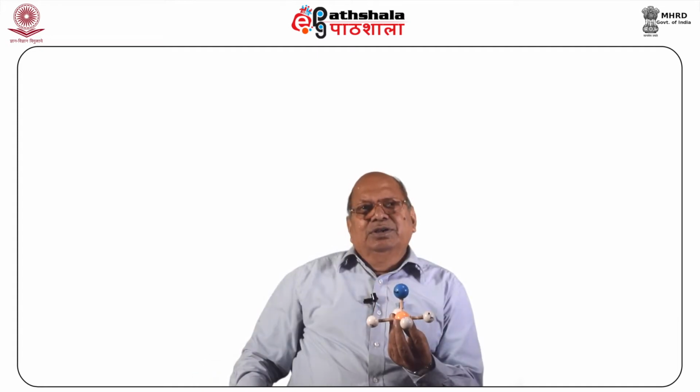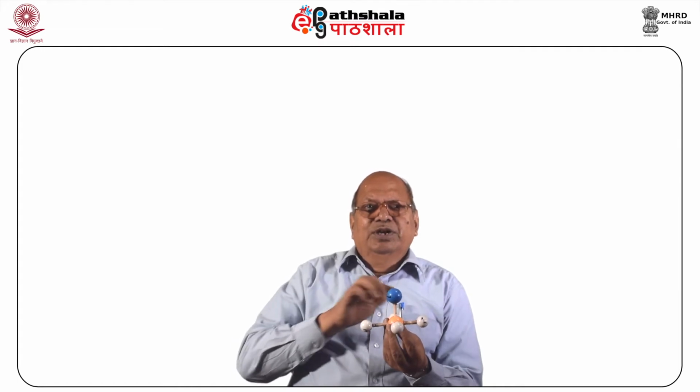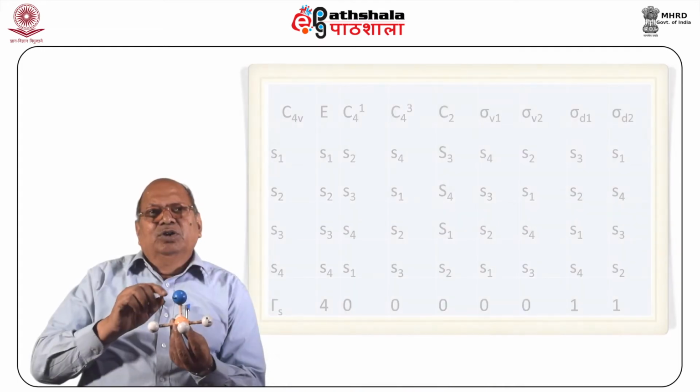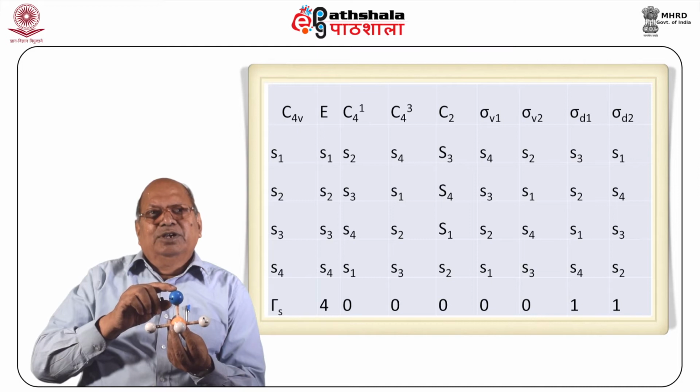Now, let us take the various symmetry operations E, C41, C43, C2, sigma V1, sigma V2, sigma D1 and sigma D2, and try to operate these on S1, S2, S3 and S4. Under the operation E, what happens to S1? S1 remains S1, S2 remains S2, S3 remains S3 and S4 remains S4.